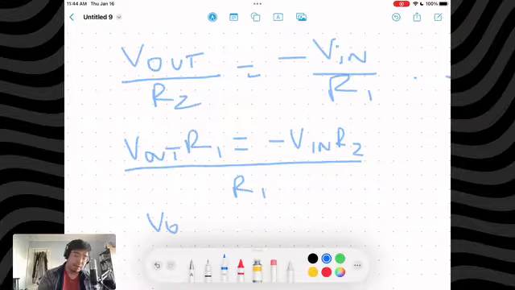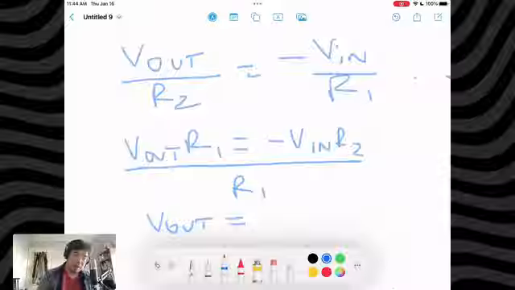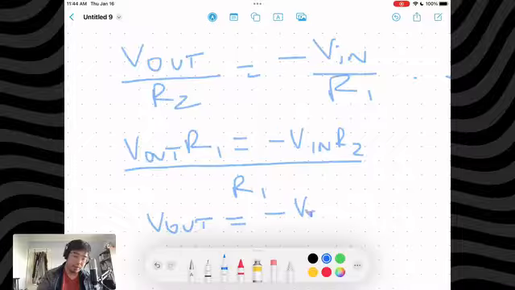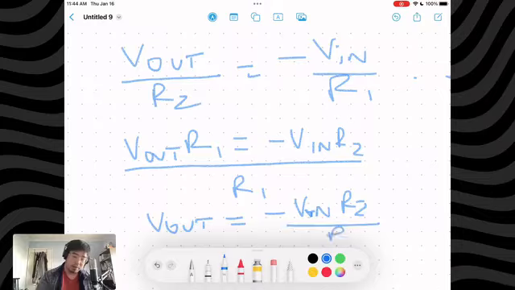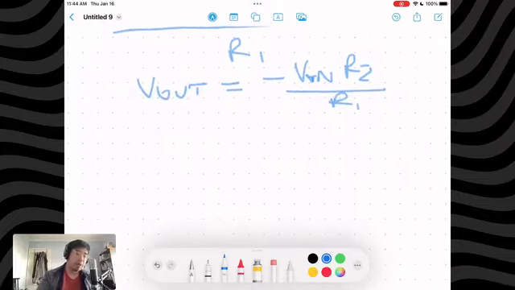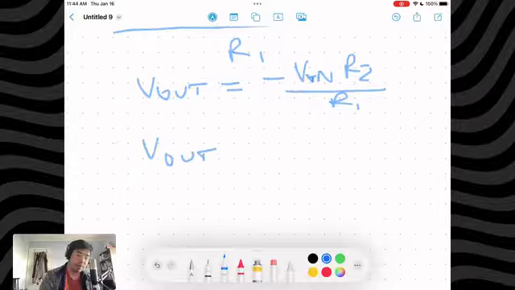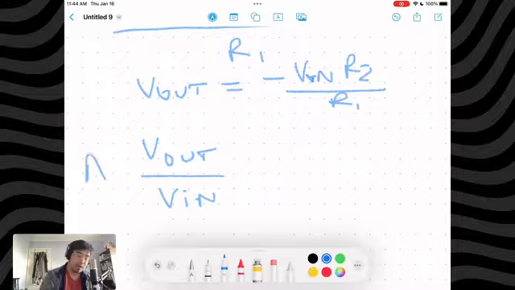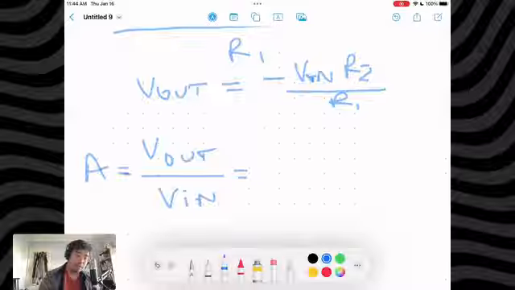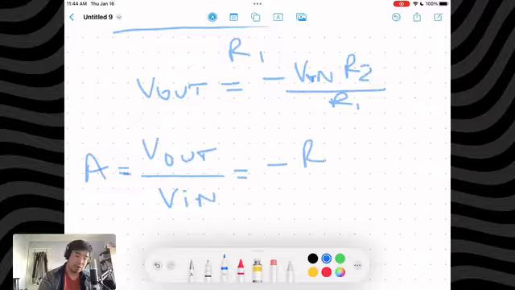V out is equal to minus V in times R2 divided by R1. And then divide the other side by V in to isolate V out divided by V in. V out divided by V in, or A, is equal to, A is the gain, remember? V out divided by V in is equal to minus R2 over R1.